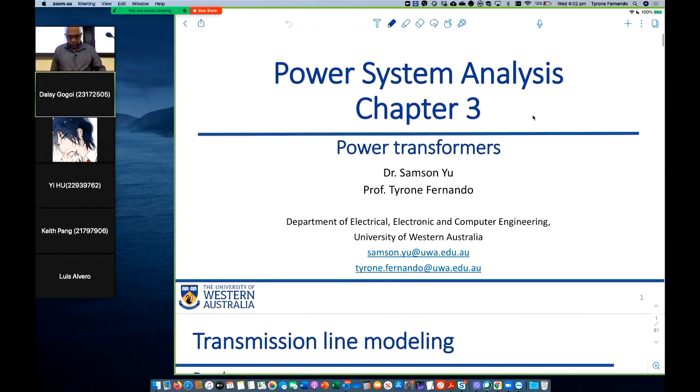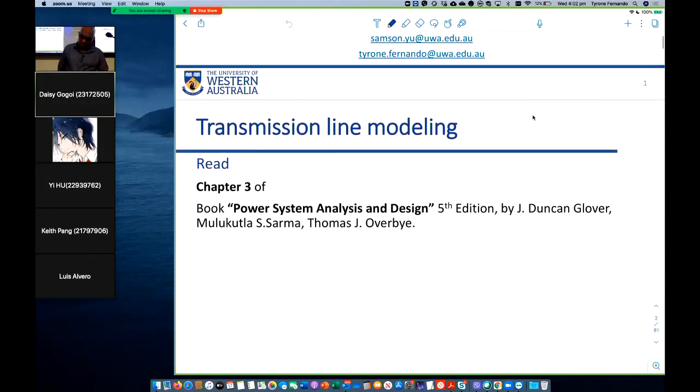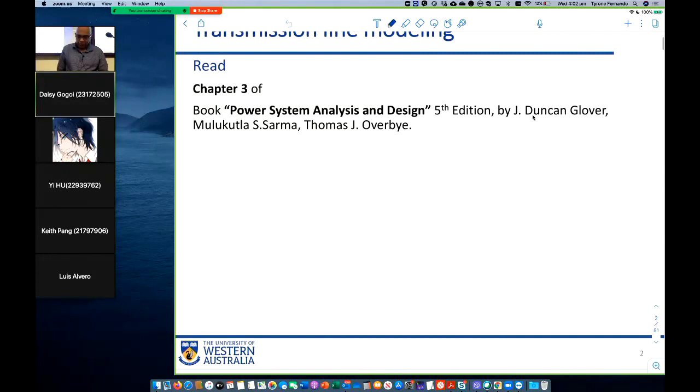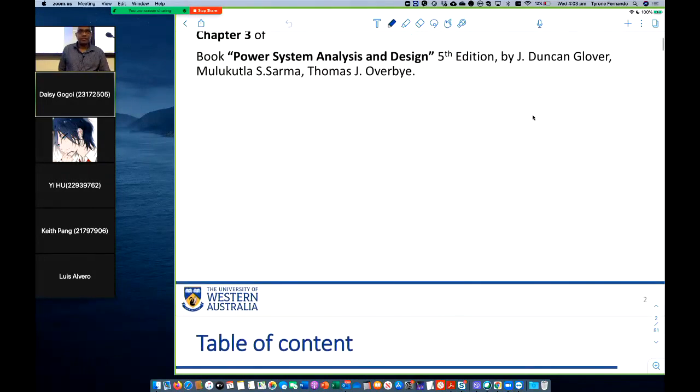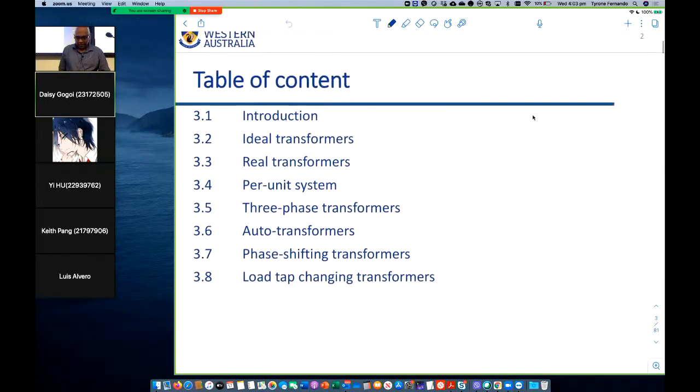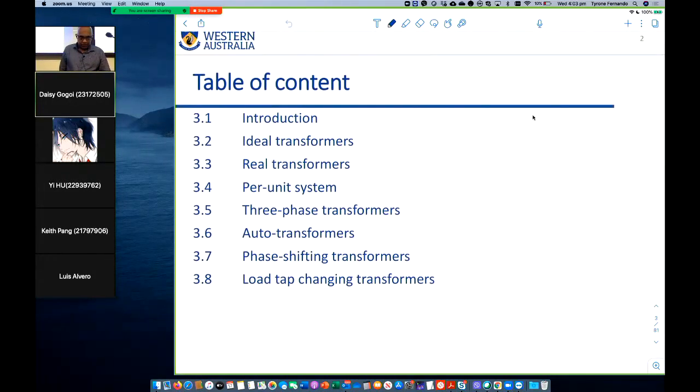All right. So in this chapter, we're going to talk about transformers. And if you want to read a textbook, then you can read this textbook, which I've referenced here. It will be chapter 3, if you want to read it. So what's the table of contents?